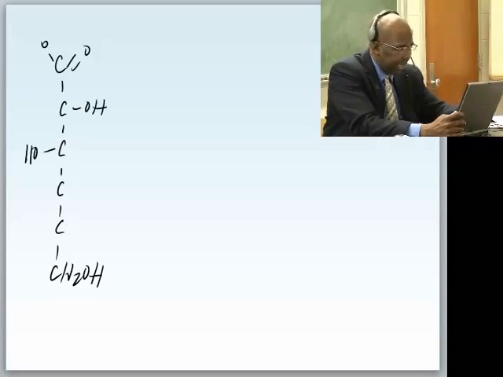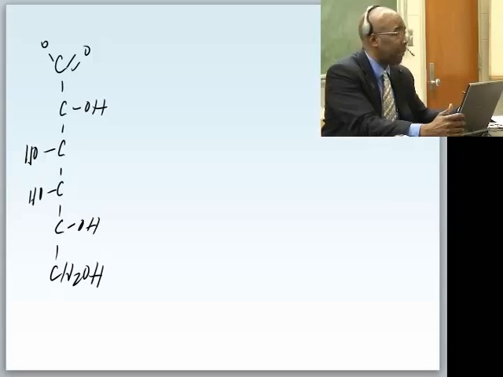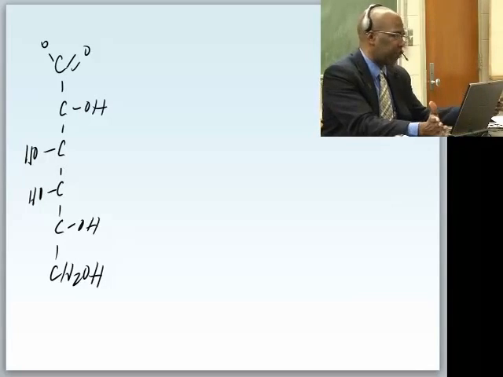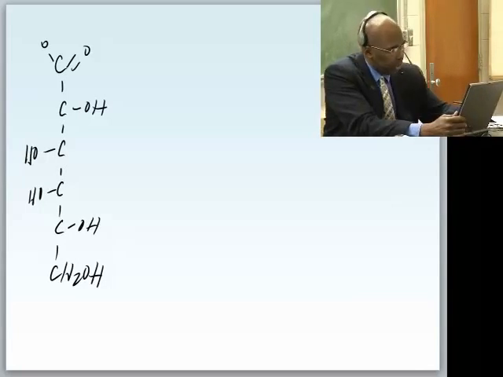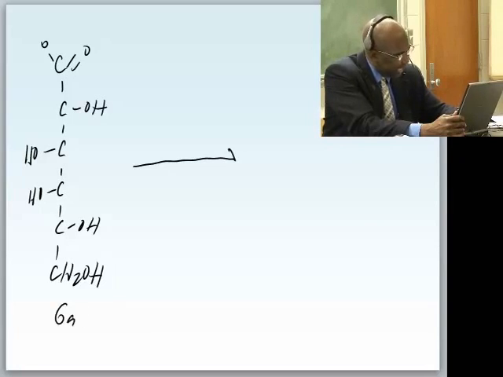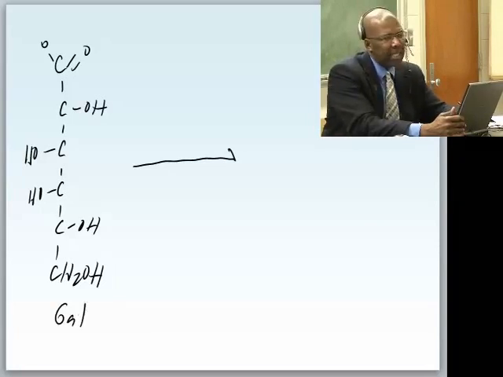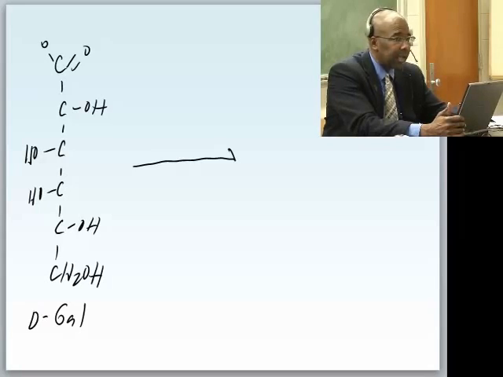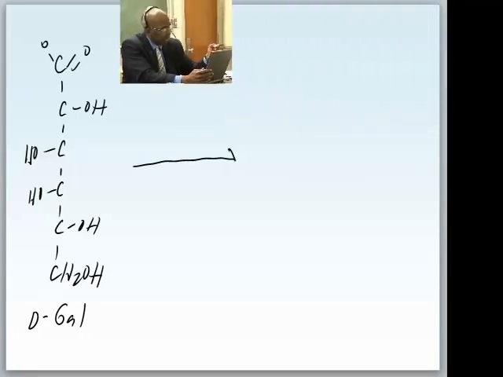Galactose is right, left, left, right, because it is a 4 epimer of glucose. So you just have to change 4. And so this is galactose, but is it D-galactose or L-galactose? D. How do you know it's D? Which OH? The 5th one, exactly.